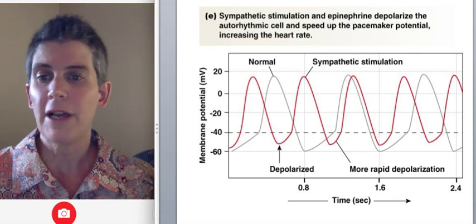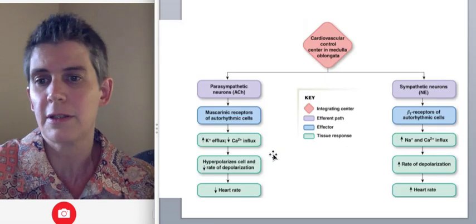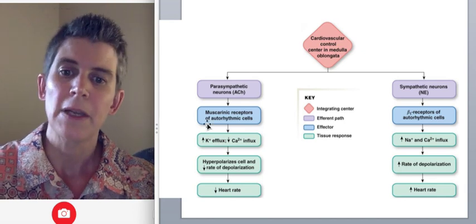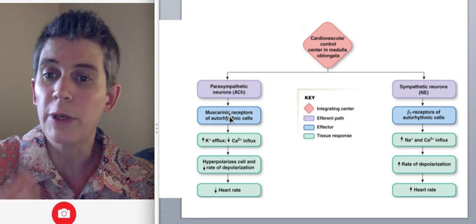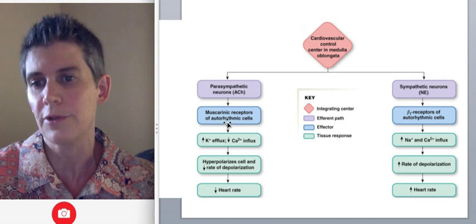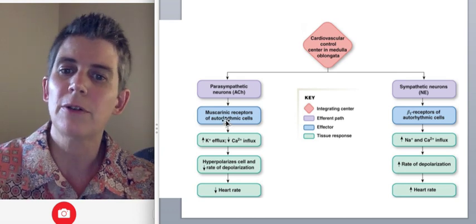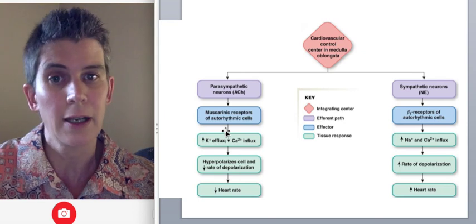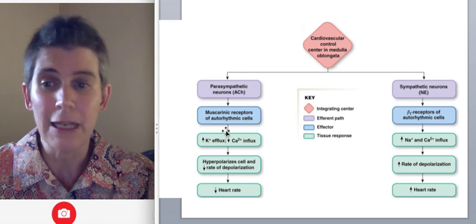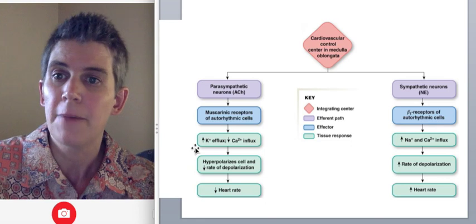Okay, so that's the effect of sympathetic stimulation, and the effect of parasympathetic stimulation is simply the opposite of that. So it's the same concept, but in this case, when acetylcholine from the parasympathetic neurons binds to their receptors, and it binds to the muscarinic type on those cells, the net result is, again, a change in ion permeability, but now we have less calcium permeability, less sodium permeability, and more potassium permeability in the cell.